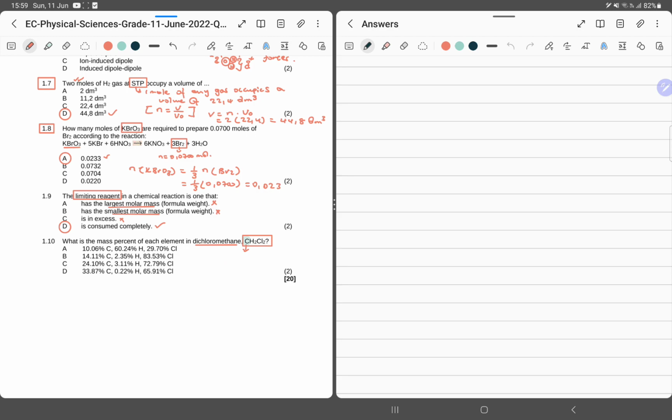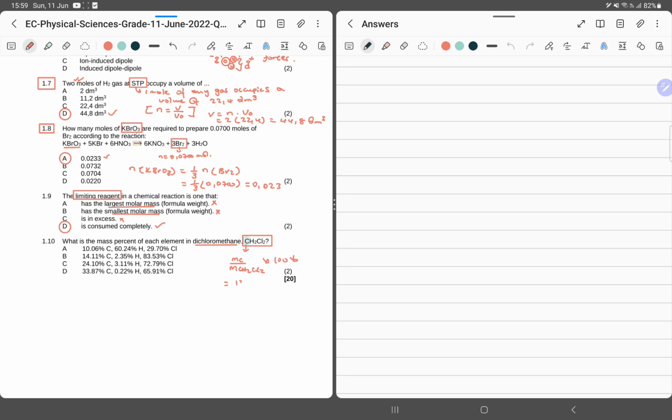We know essentially that the mass percentage is going to be the mass of carbon over the molar mass of this compound here, which is CH2Cl2, multiplied by 100%. So let's just find out what do we get.